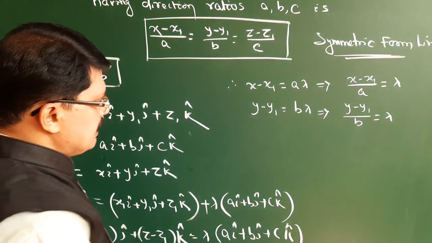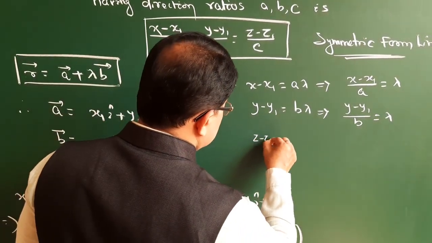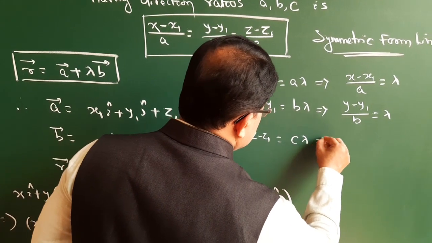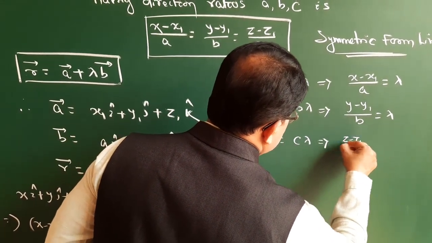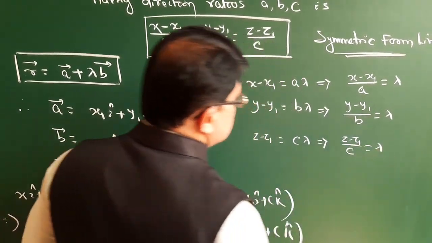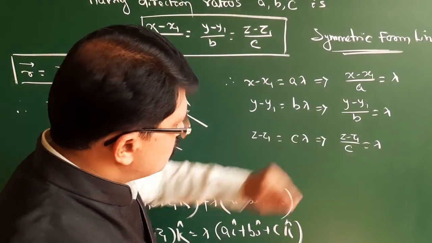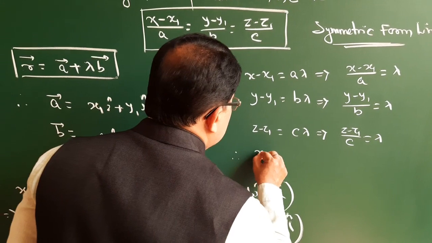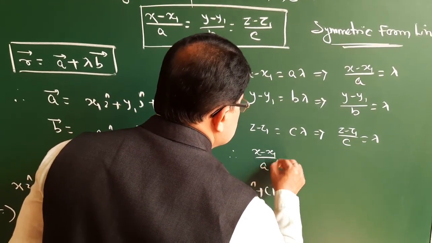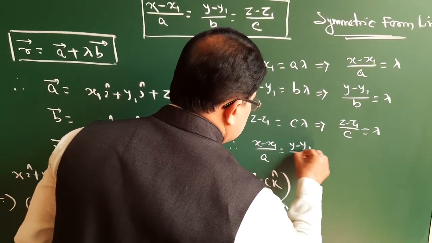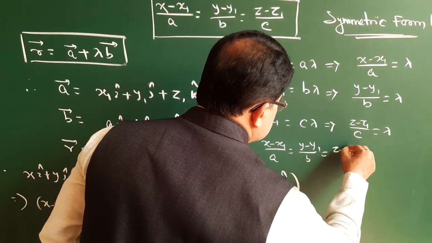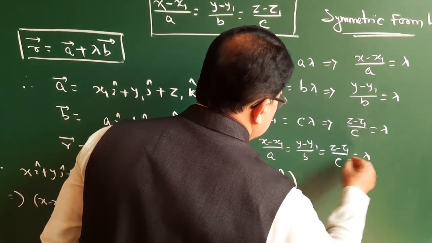Again, z minus z1 is equal to c into lambda. This implies z minus z1 divided by c is lambda. So, equating the left hand side, we get x minus x1 divided by a is equal to y minus y1 divided by b, is equal to z minus z1 divided by c, which is equal to lambda.